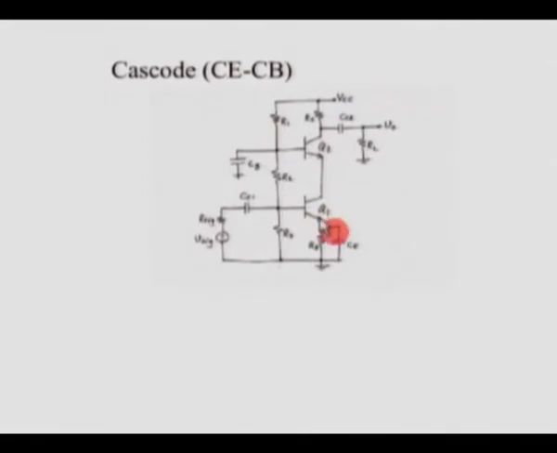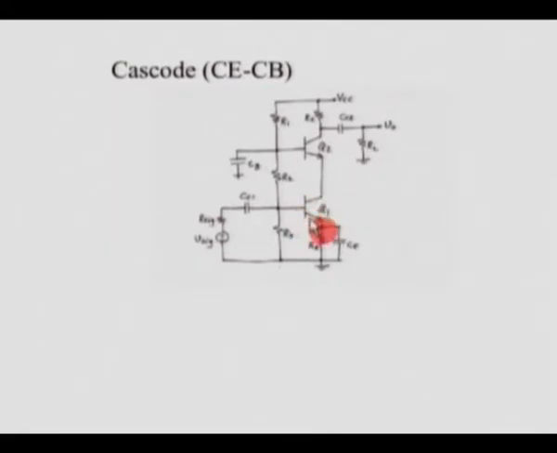Now because of the cascade between the common emitter and the common base, if you split this into two separate amplifiers, you would see that the effective voltage gain of the first stage, which is the common emitter stage, is unity.